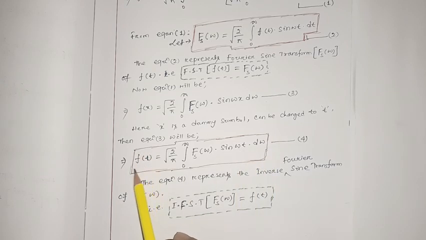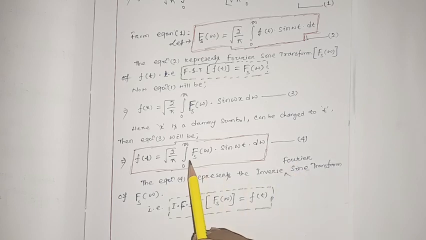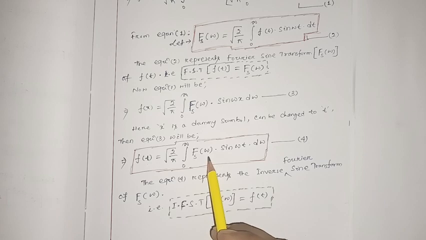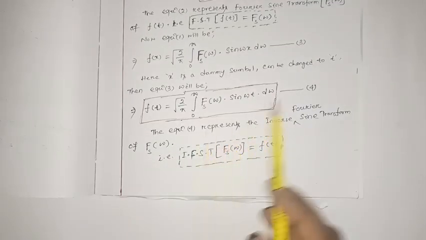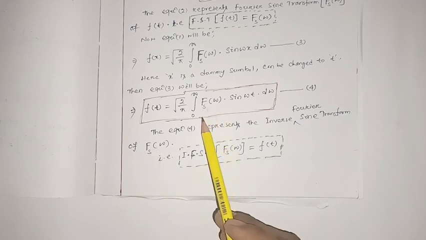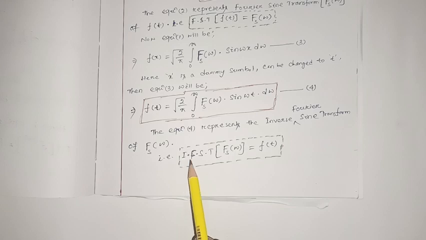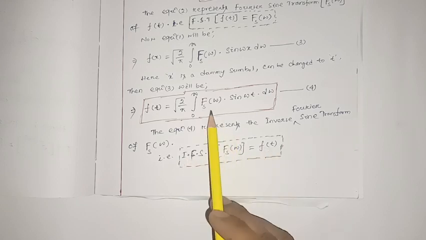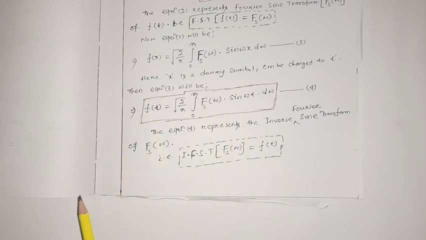So here small f of t is called the inverse Fourier sine transform of capital F s omega. The same thing has been written in equation number 4, which represents the inverse Fourier sine transform of F s omega, or in short we can write I.F.S.T. of F s omega is your small f of t.